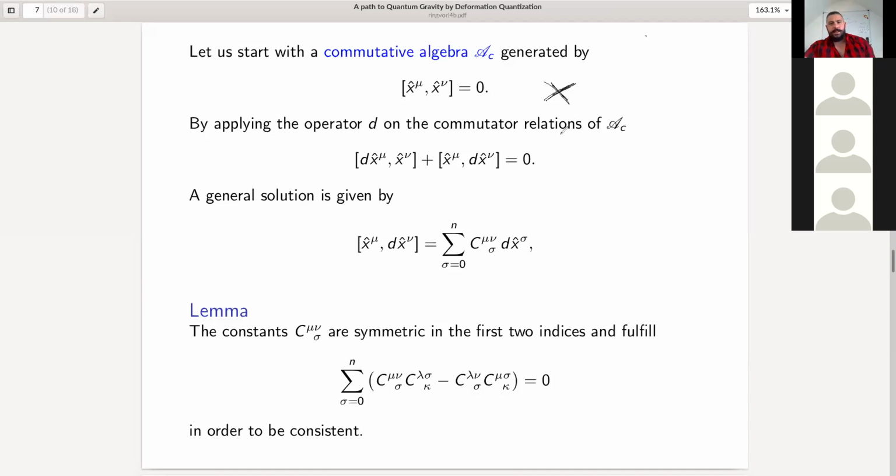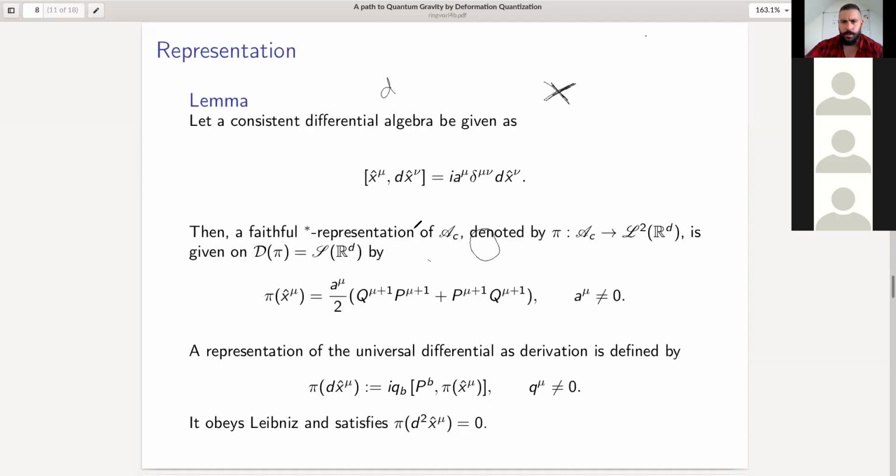Okay. So I apply D on this commutator, as I said, and then one solution is I get C^{mu nu sigma}, where C is symmetric in the first two indices, such that this is equal to 0. And since this is a differential algebra, I also wanted to fulfill the Jacobi equations.